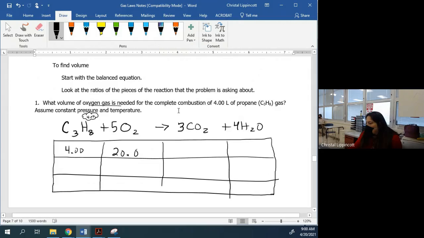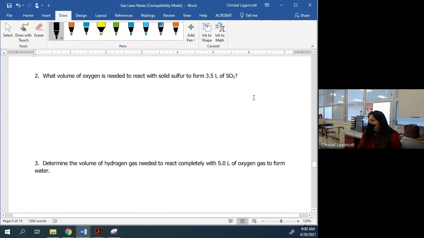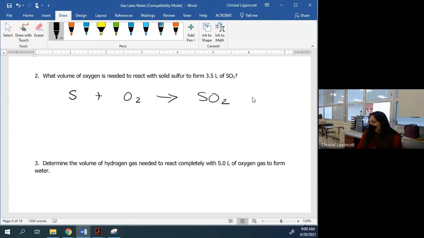All right. So what volume of oxygen is needed to react with solid sulfur to form 3.5 liters of sulfur dioxide? So we've got sulfur plus oxygen is going to give us sulfur dioxide. Okay. This is my before, my change, and my after table here.